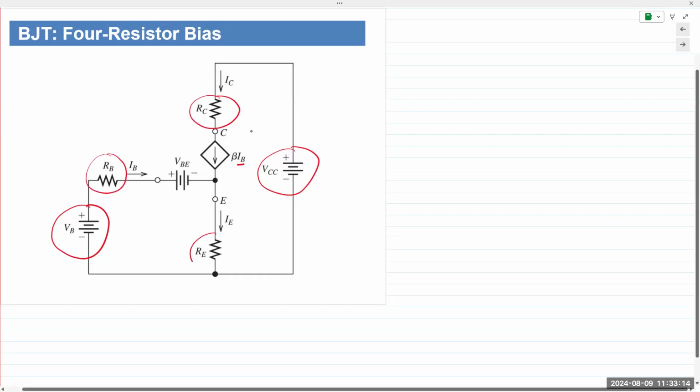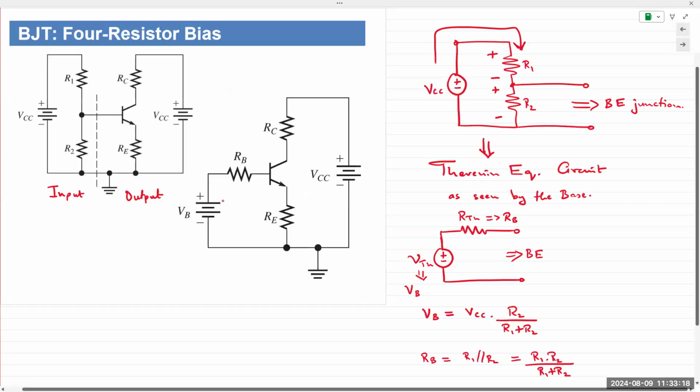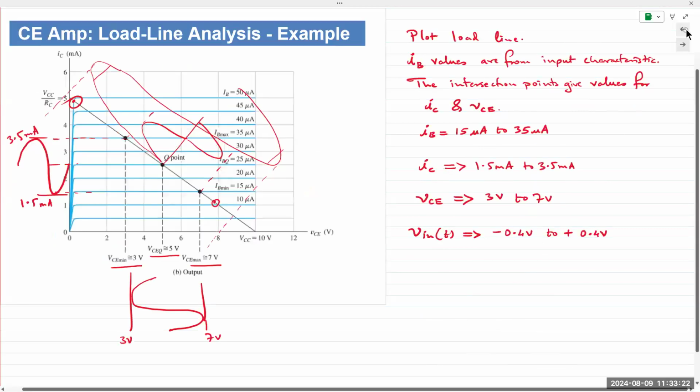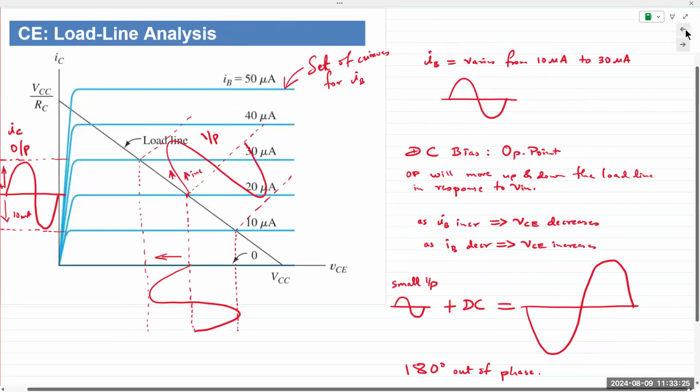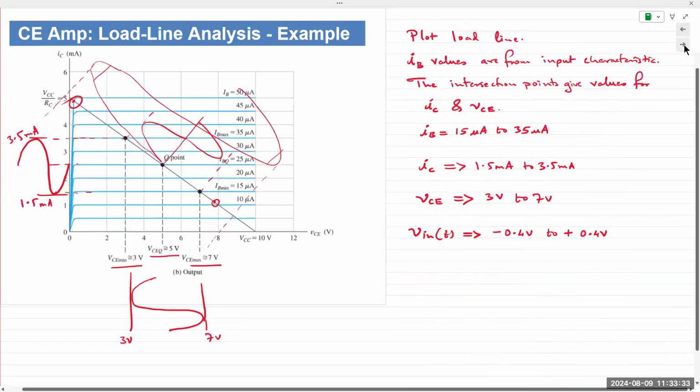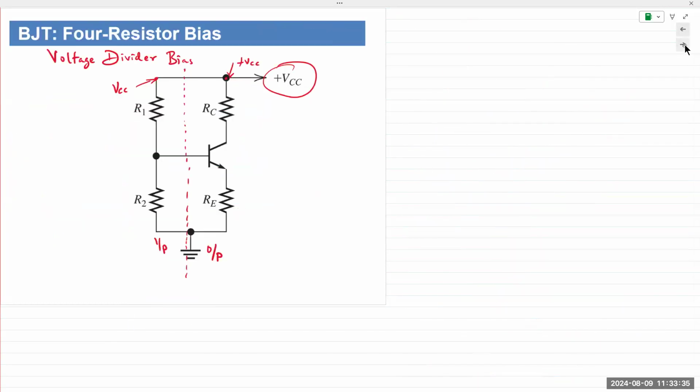We now have an extra resistor RE, which we didn't have in this circuit. Right? We didn't have an RE in this circuit. We have an RE in the next voltage divider circuit. And so while the circuit looks pretty much the same, there is an extra resistor, and hence the name also, 4 resistor bias.